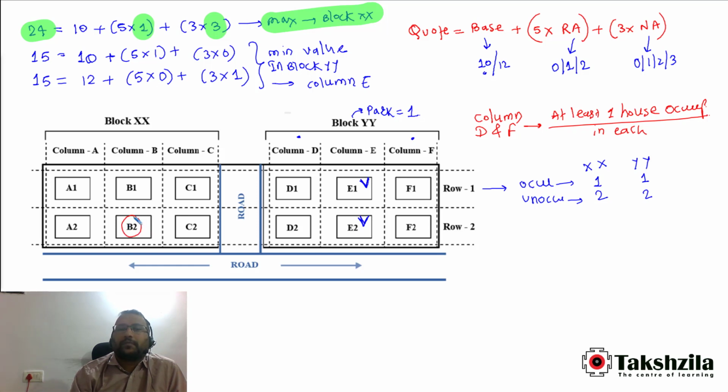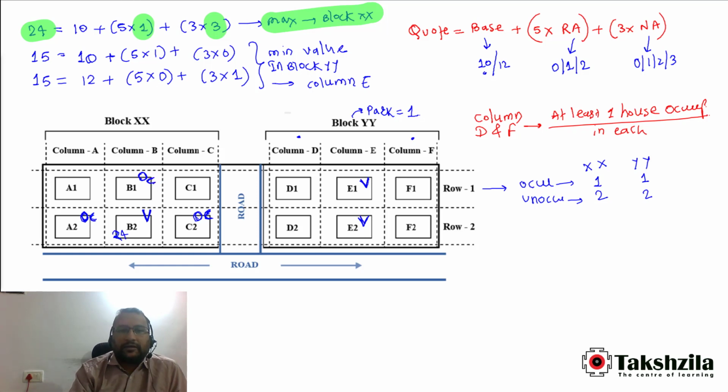So B2 is vacant, and the total value quoted for the house B2 is equal to 24 lakh. And over here there are 3 neighbors. It means A2 is occupied, C2 is occupied, and along with this B1 is also occupied.